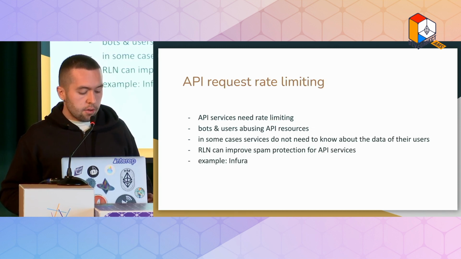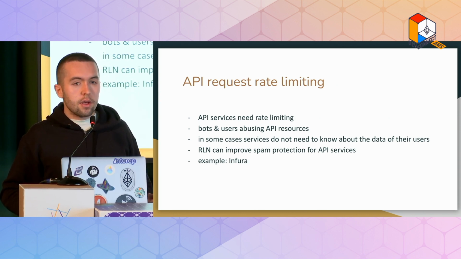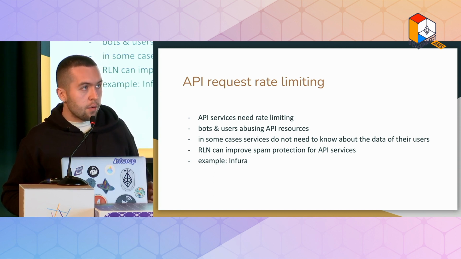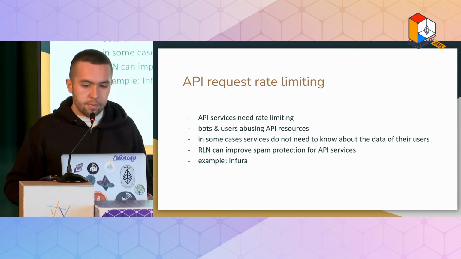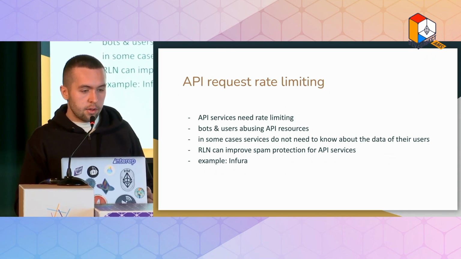An additional use case is API request rate limiting in general. Services that work on an API key request basis, where you need to be authorized to access their services, are given an API key. In certain scenarios, RLN can enable good spam protection against overuse of these services.